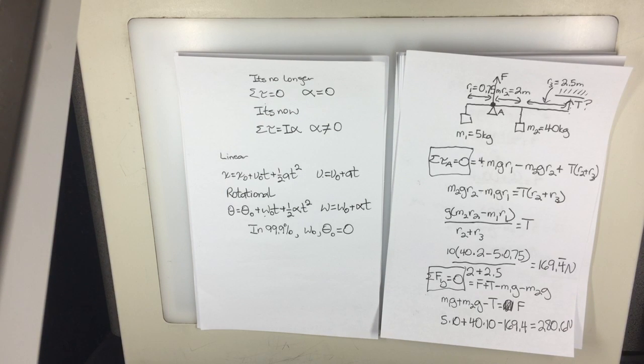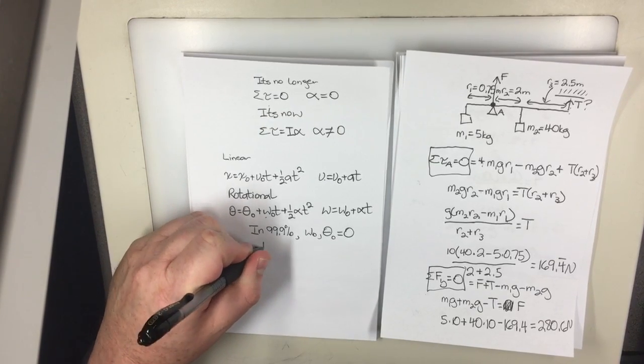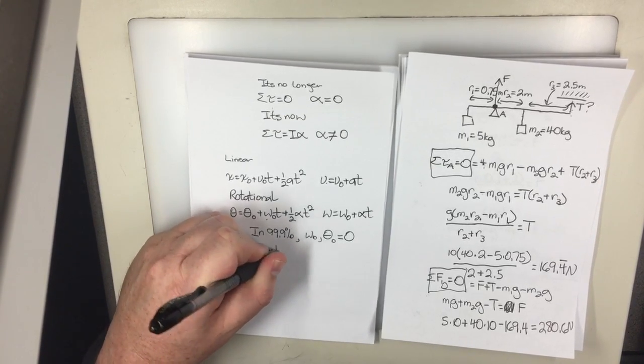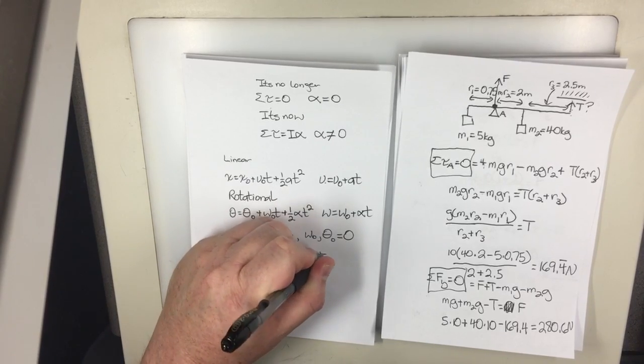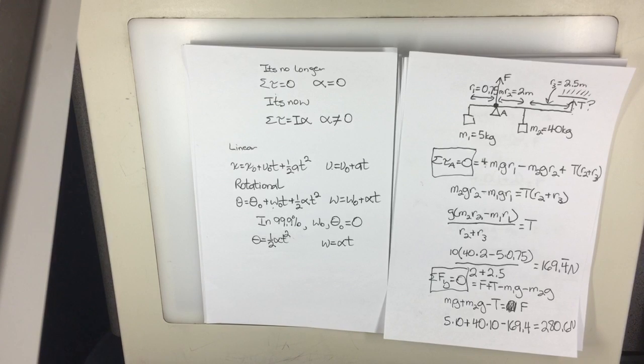You just treat the initial position of the disk as the origin. Typically they start from rest, so omega naught is zero as well, and you're left with theta equals 1/2 alpha t squared and omega equals alpha t. And so things simplify considerably.